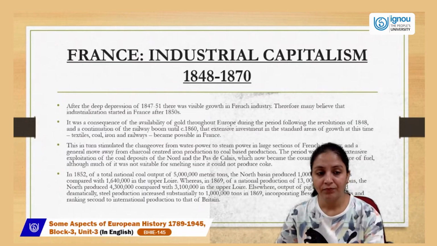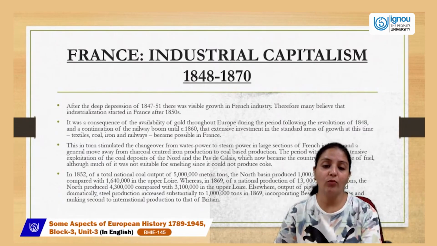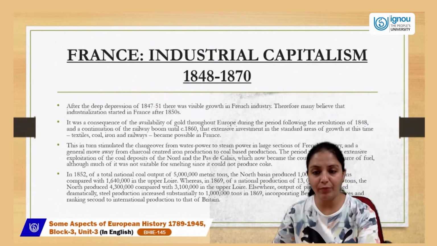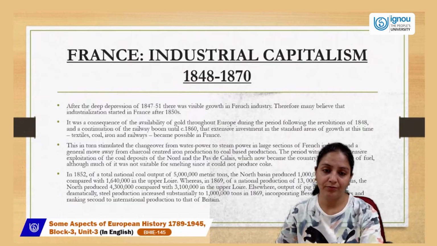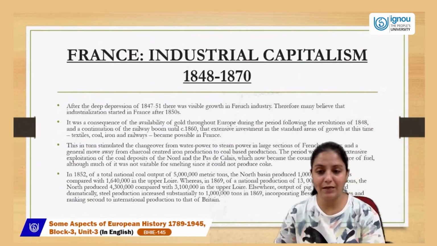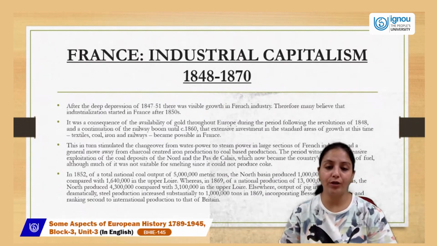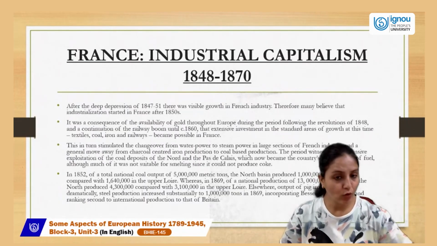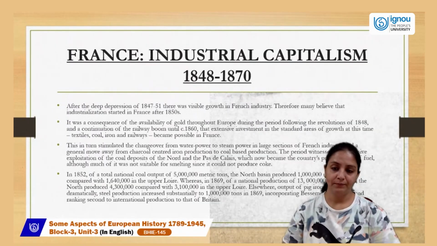This in turn stimulated the changeover from water power to steam power in large sections of French industry, and a general move away from charcoal centered iron production to coal based production.